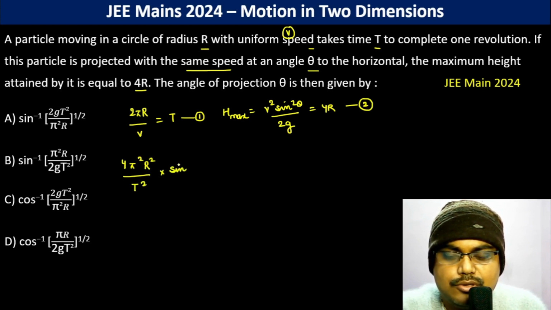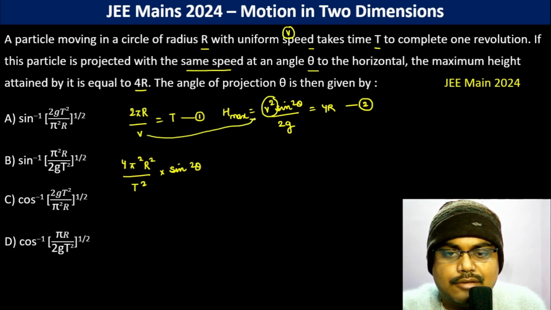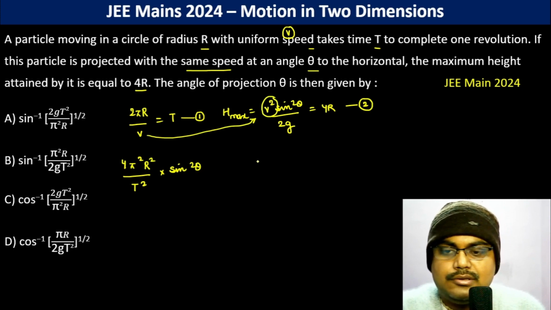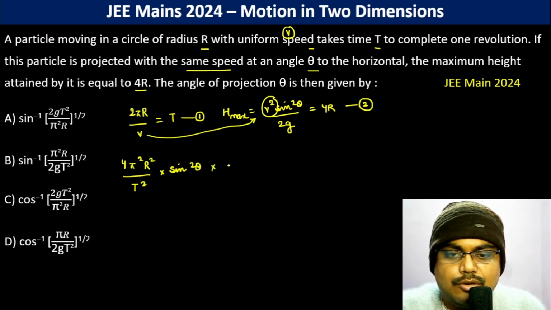into sin square theta. What we have done is taken this v from here. Okay, we have just put this v here. Okay, so sin square theta into 1 by 2g is equal to 4r.